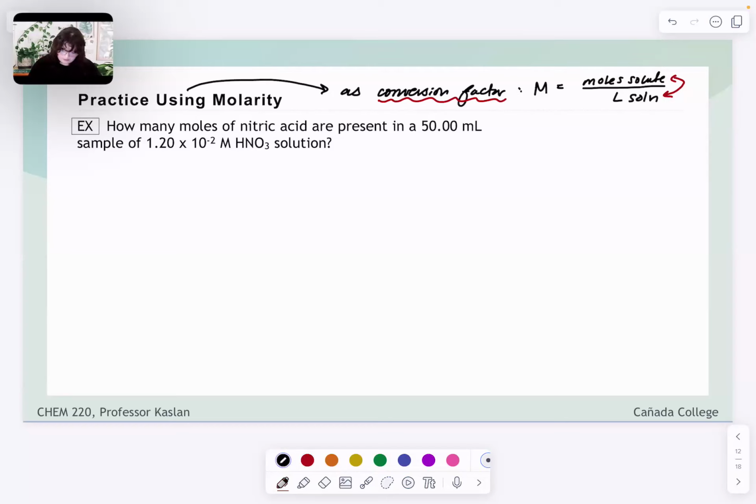So let's look at this practice problem here. Always, it's a good idea to think about the goal of your problem. Like, what is it that you're trying to accomplish here? So right off the bat, this problem asks us how many moles of nitric acid. So I know that my overall objective in this problem is to find moles of nitric acid.